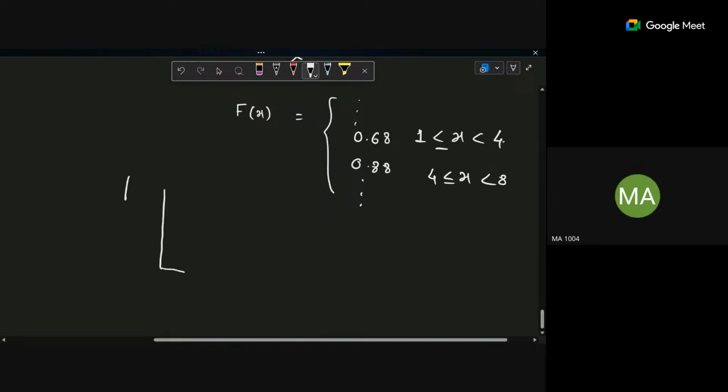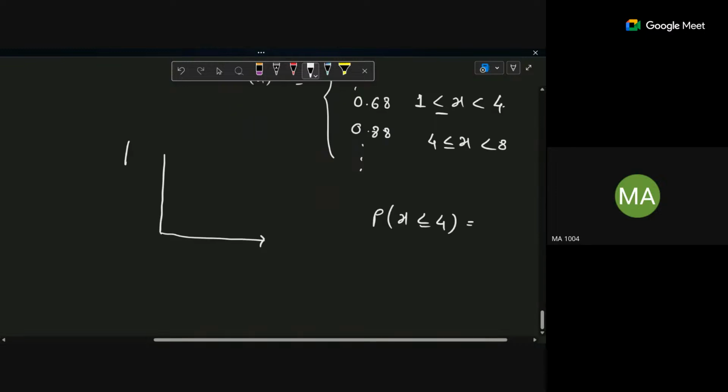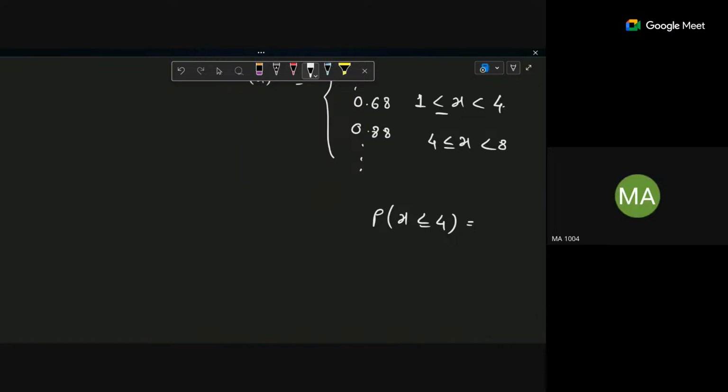So whenever we are interested in probability x less or equal to 4, at that time we will look at which value, 0.68 or 0.88? Ma'am, equal to 4, 0.88.